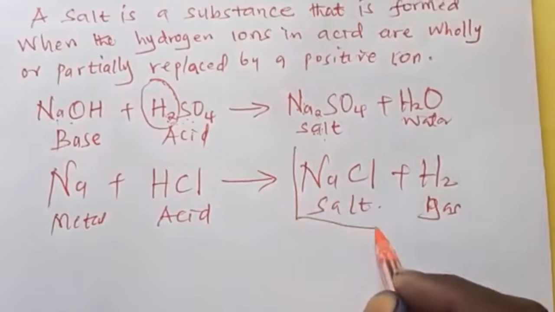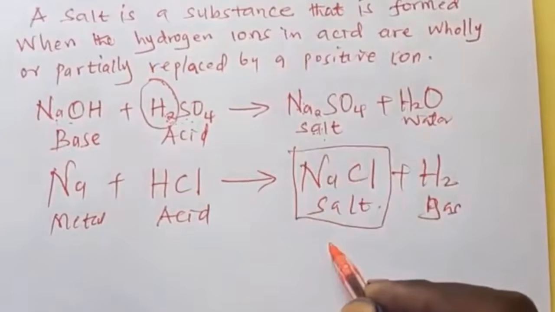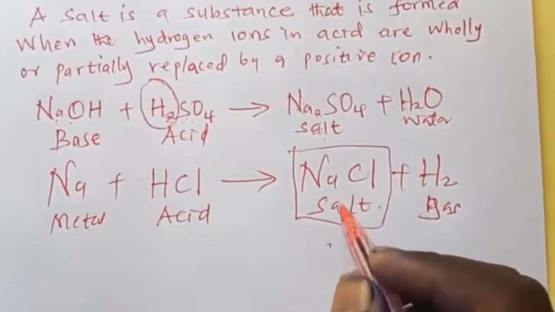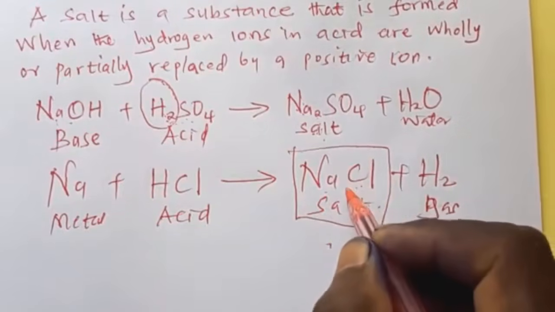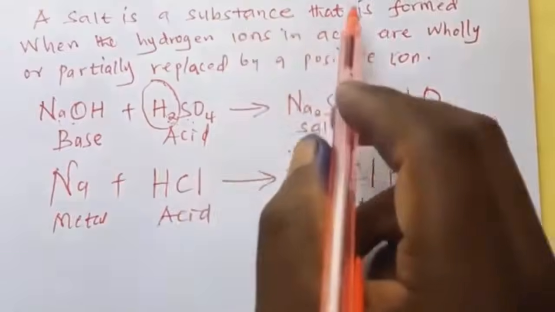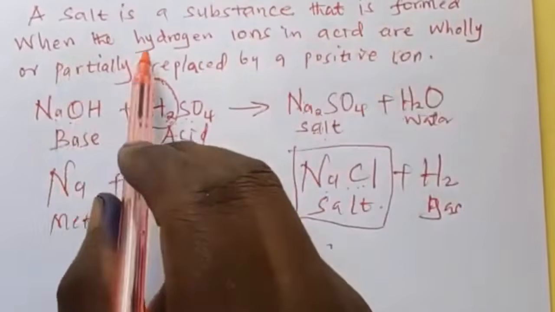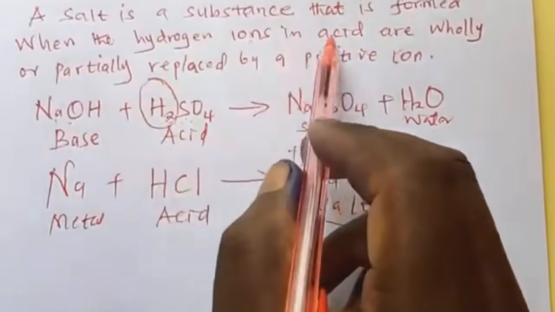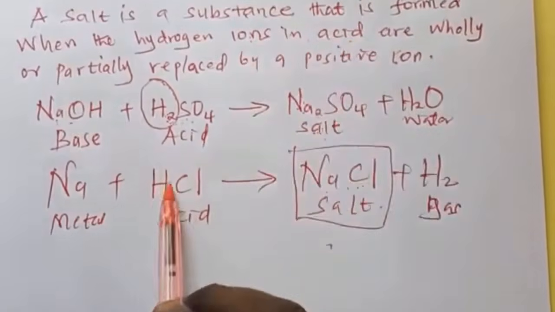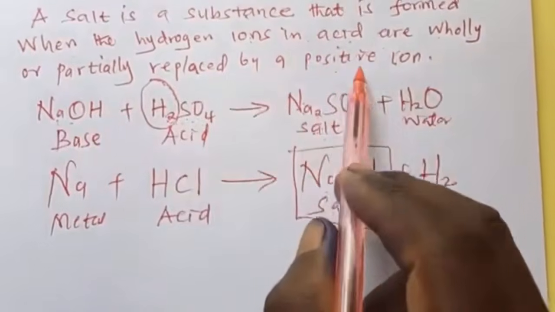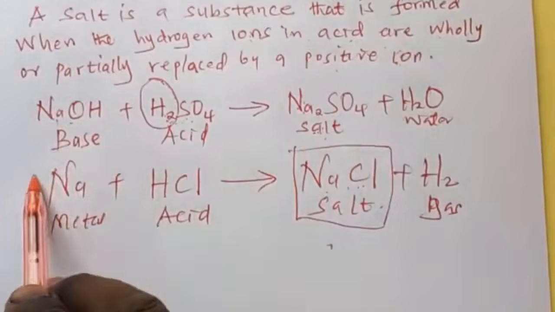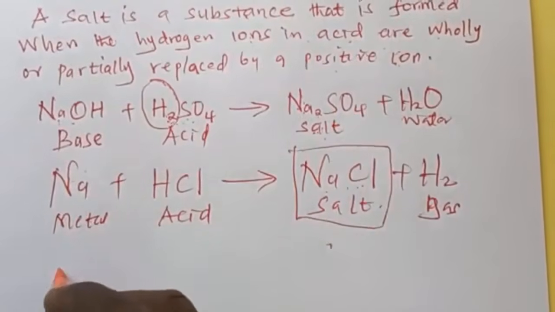We are concerned about the salt because we are talking about salts. The salt sodium chloride, how was it formed? What is a salt? It's a substance that is formed when the hydrogen ions in the acid are wholly or partially replaced by a positive ion.